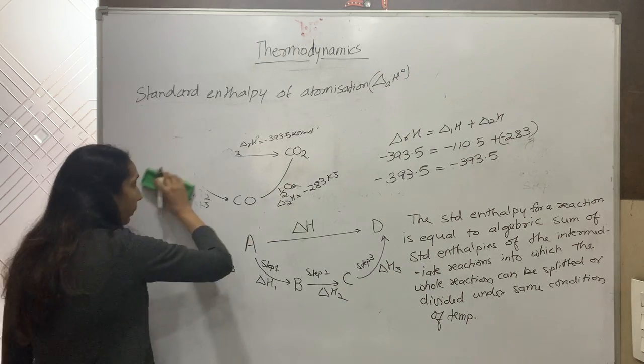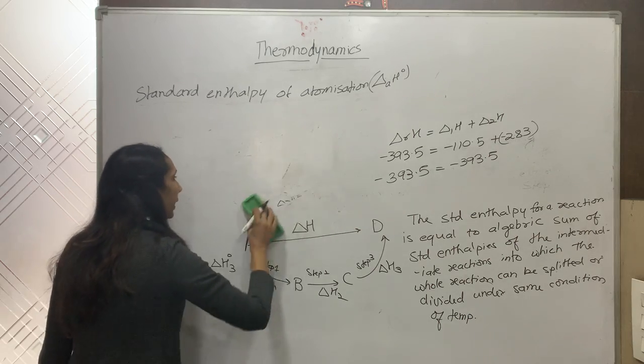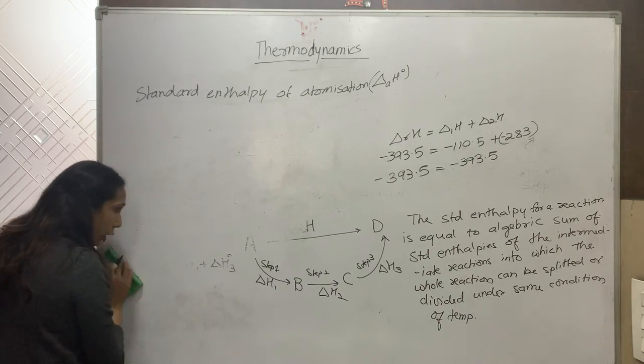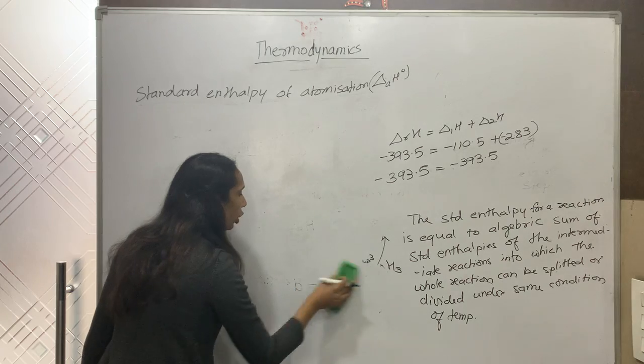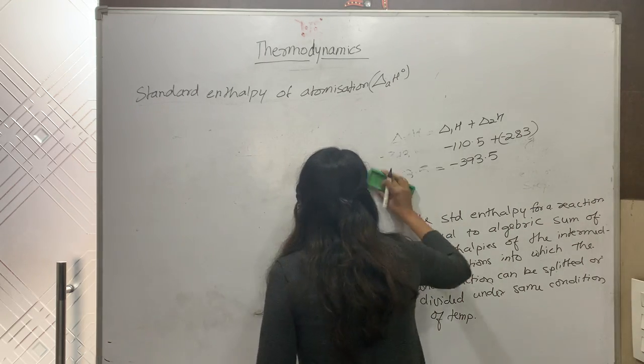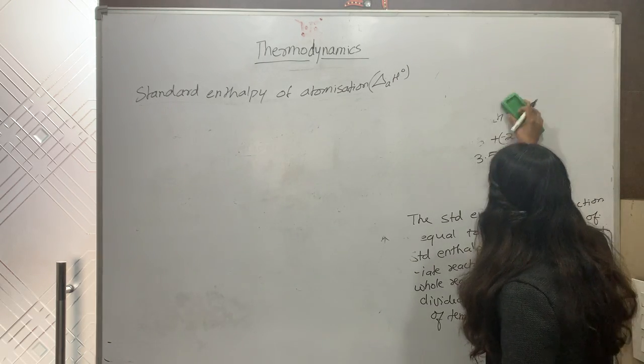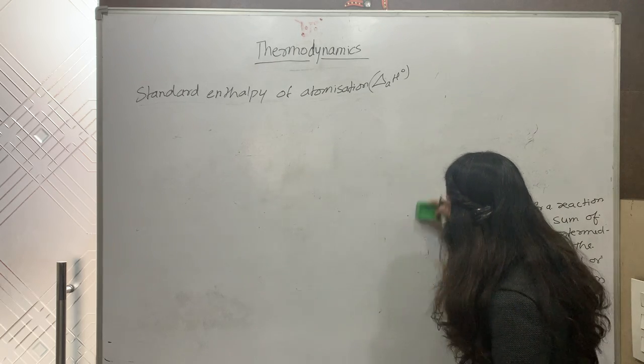We have done enthalpy of formation. We have done with enthalpy of combustion. In enthalpy of combustion, we have done with the calorific value. So now we come to the different type of enthalpy, that is enthalpy of atomization.